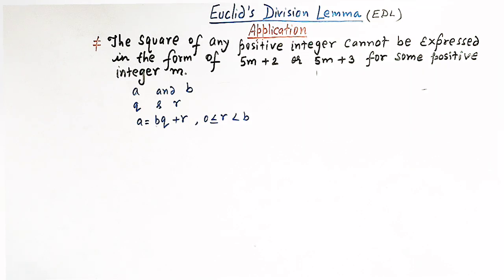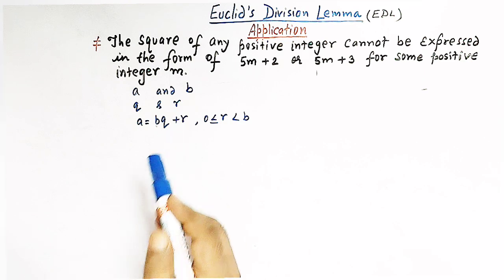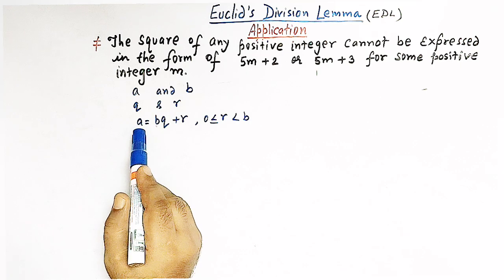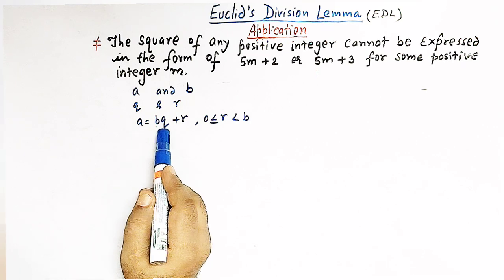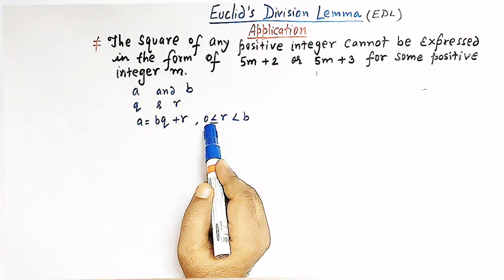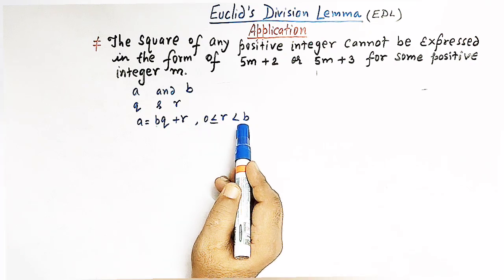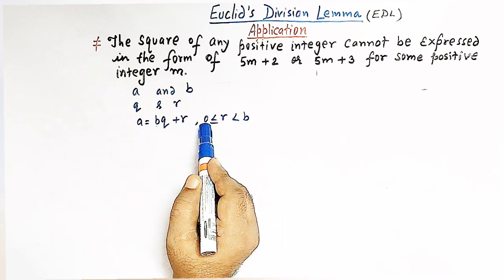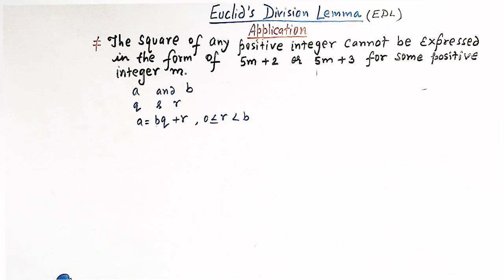So Euclid's division lemma says that for any two positive integers a and b, there exist unique whole numbers q and r such that a can be expressed as bq plus r, and r is greater than or equal to 0 but less than b, right? And here r can take the value 0 and q can also take the value 0, right?